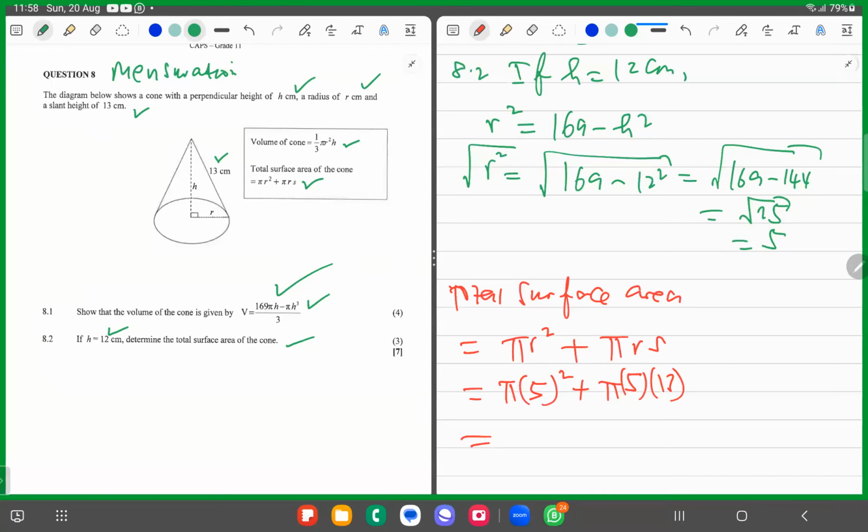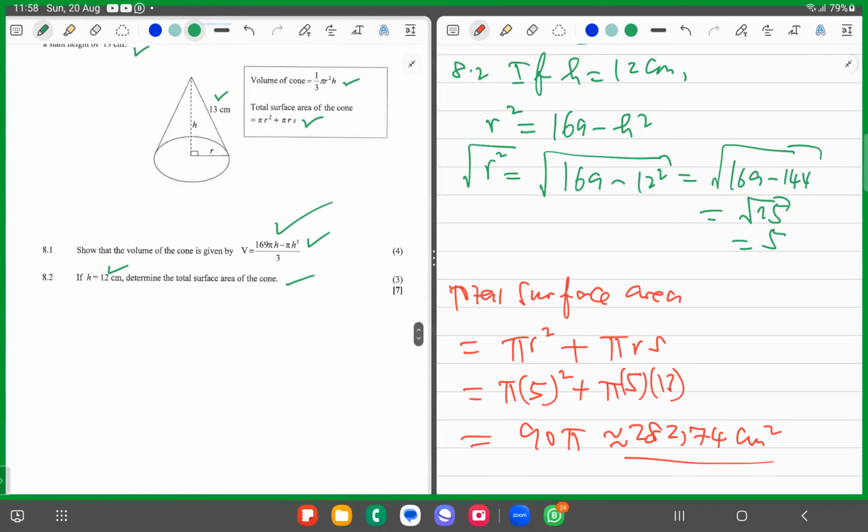So you add everything here, which is 90 pi. So which means it is exactly 282.74 square centimeters. So the total surface area of the cone is 282.74 square centimeters.